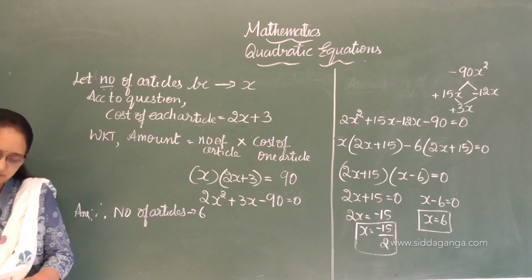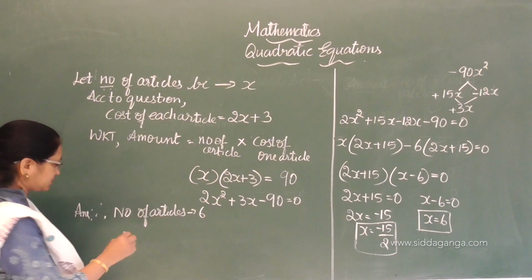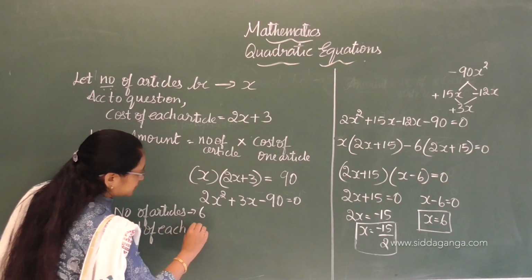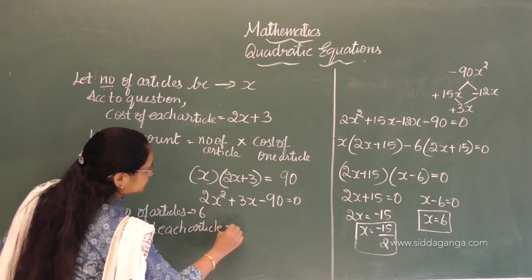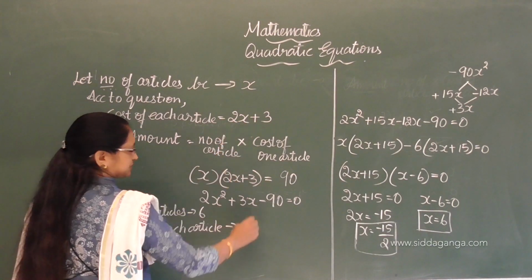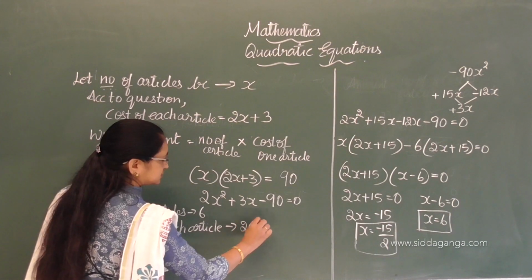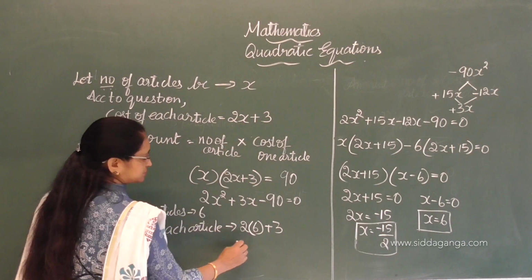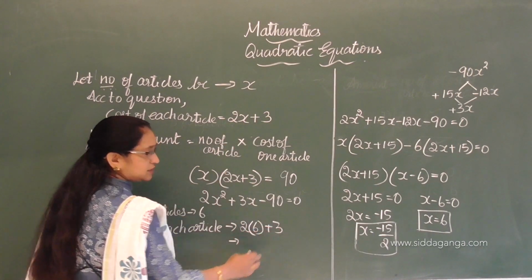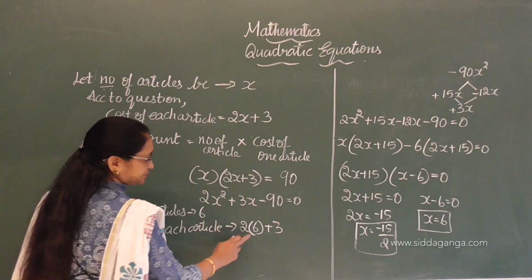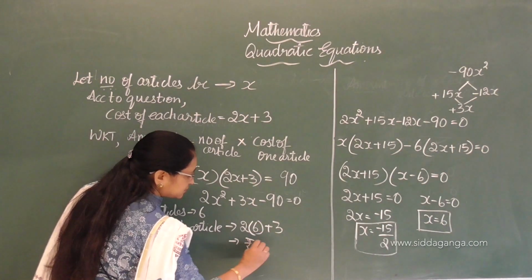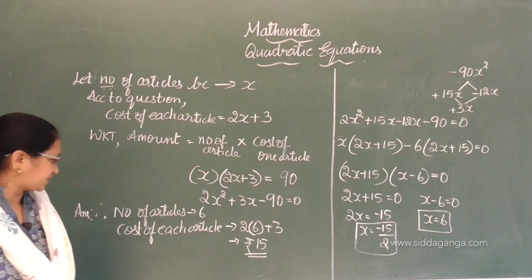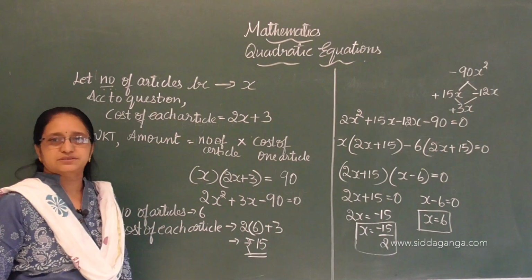So cost of each article is 2x plus 3, that is 2 into 6 plus 3. 6 2s are 12, 12 plus 3 is 15. So rupees 15. Cost of each article is rupees 15 and number of articles is 6.